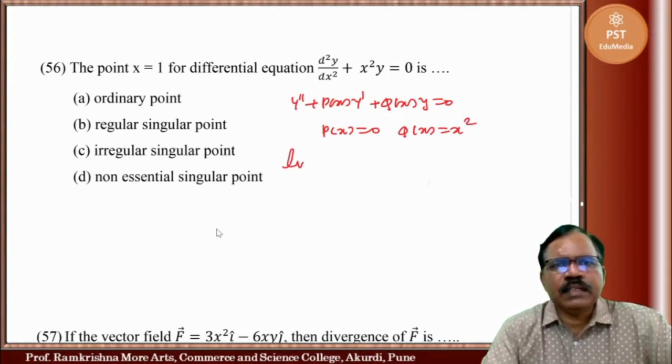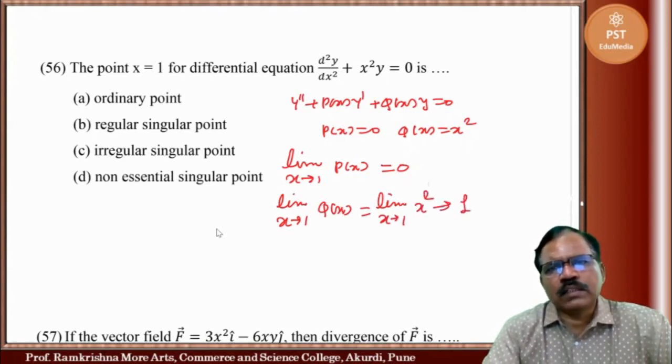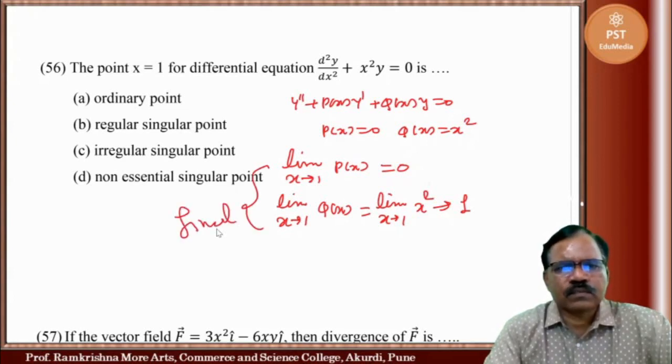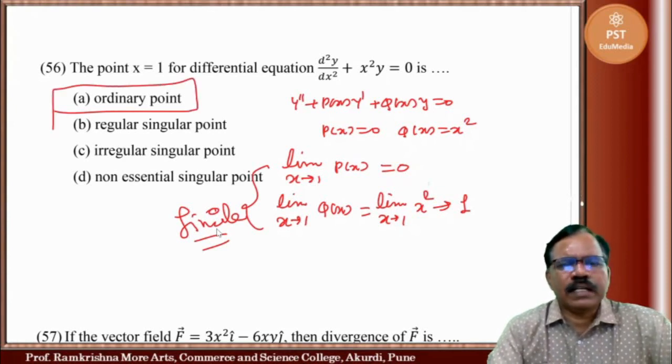Then we take limit x tend to 1 p of x. Now p of x is 0, so it is 0. Limit x tend to 1 q of x. So limit x tend to 1 x square simply gives you 1. So both are finite. So x is equal to 1 is an ordinary point.